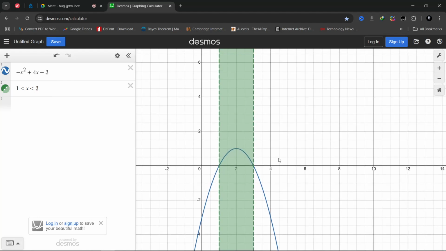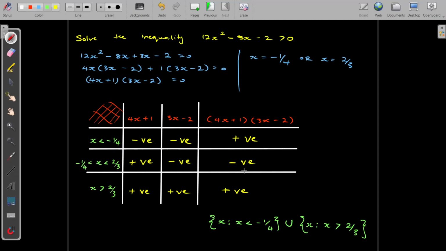I guess we'll have to just view it like this, where we can see the overlap in the graph. All of this green region is where x is greater than 1 but less than 3. However, where it is enclosed by the graph is the region where it is greater than 0. It's not giving me the best representation of that, but that's what it would look like.